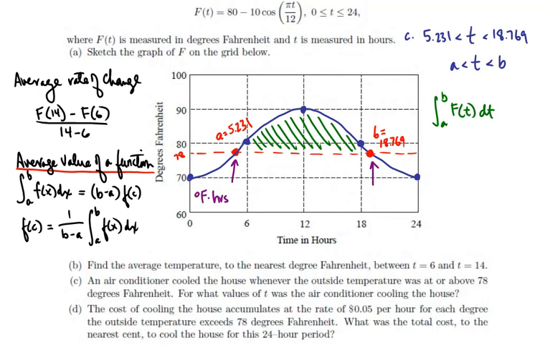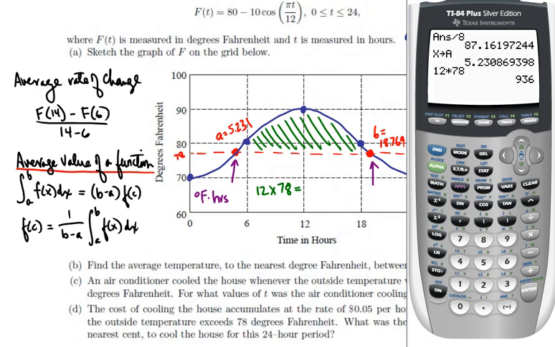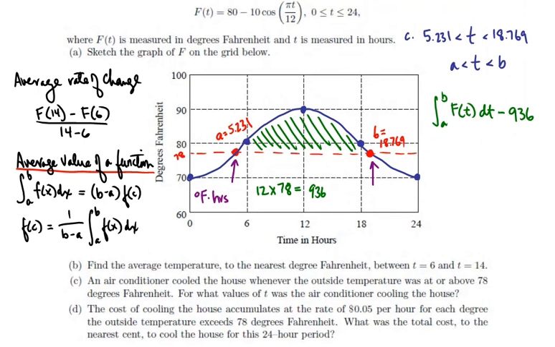What we want to separate out there is this rectangular area, with a base of 12, times 78. And from our calculator, 12 times 78 is 936. So that is going to give us the number of degree hours that we have to pay for, and we're simply going to multiply that by 0.05.